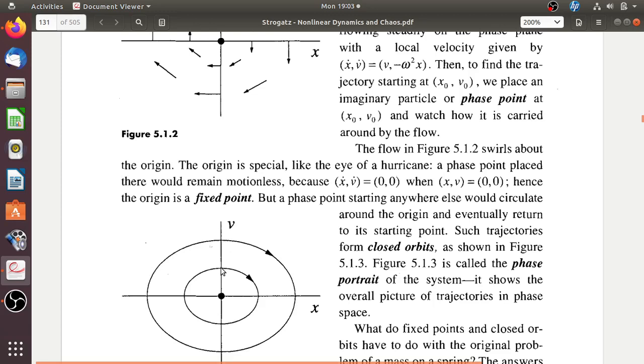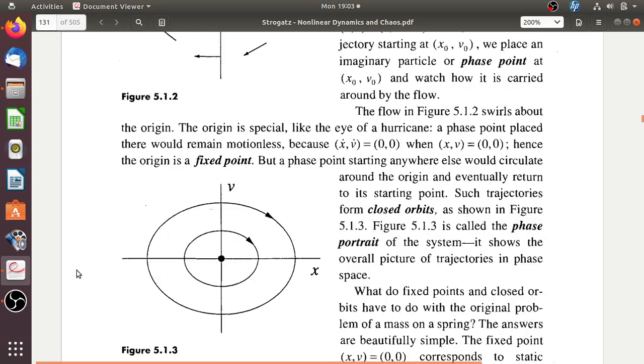If I start from here, which means instead of giving a high velocity I give a low velocity, then I will have a different trajectory. This kind of picture, where we have a lot of trajectories, is known as a phase portrait.